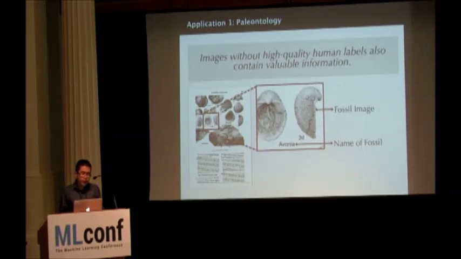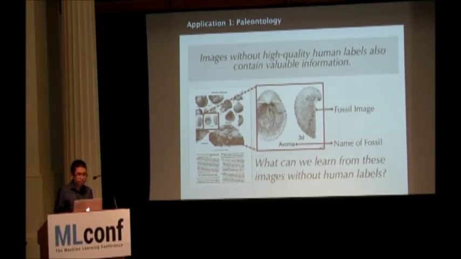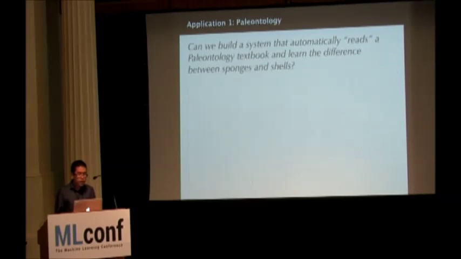Therefore, one question that we are interested in is, can we learn from these images without human labels, but with rich information surrounding them? More concretely, can we build a system that automatically reads a paleontology textbook and tells the difference between different classes of fossils, like sponges and shells?